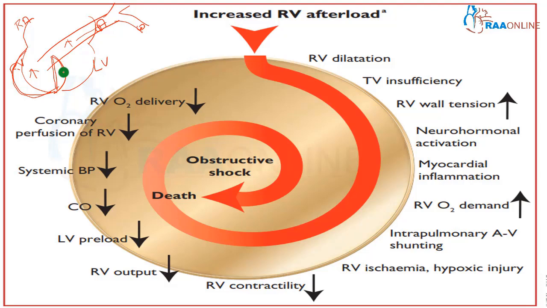So, the effective cavity of the left ventricle is reduced, and the receiving capacity of the left ventricle is effectively reduced. Moreover, the pumping effect of the right ventricle is also less, so the blood coming to the left ventricle is also reduced. The effective capacity of the left ventricle is reduced, so that the cardiac output is effectively reduced.